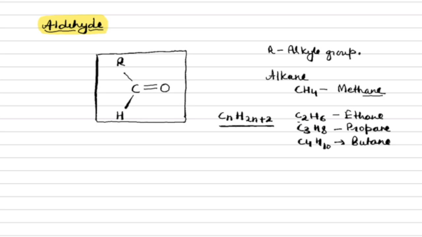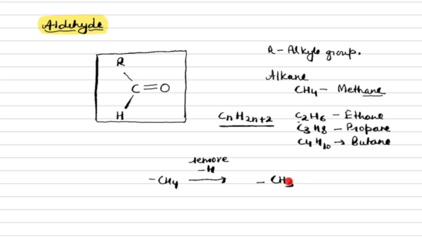Now, how can we make an alkyl group? We just have to remove one hydrogen. See this? Like we had CH4, right? And if we somehow remove one H, what will be remaining? CH3. So this is the element we got of the alkyl group.